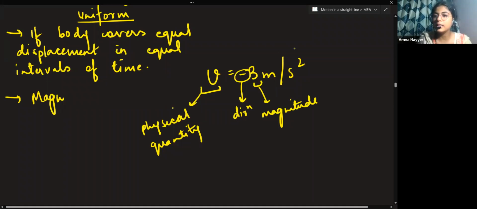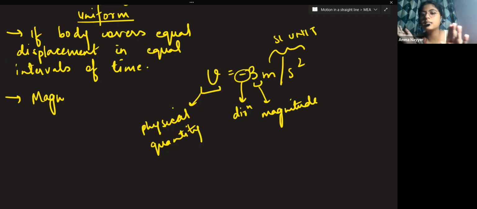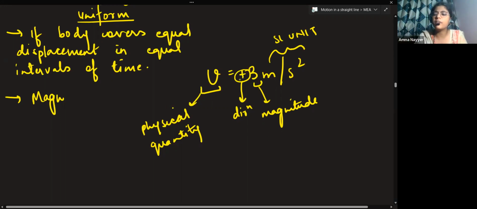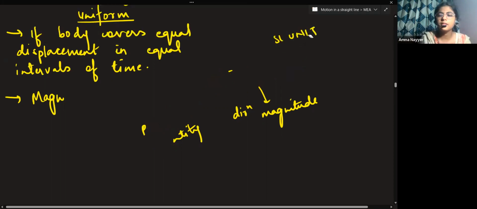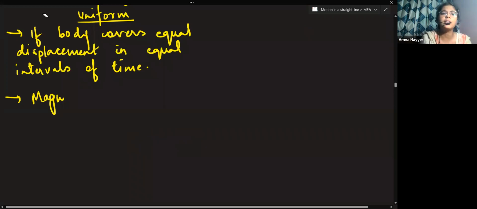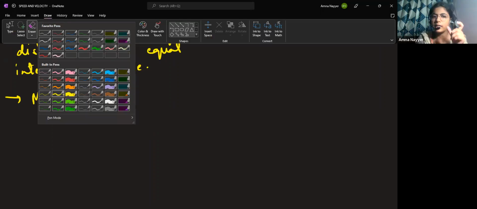And this meter per second squared is the SI unit. So whenever we write anything, be it acceleration, displacement or anything, every term has a significance. Had it been plus, it would also be specifying its direction. Whenever I'm using the term magnitude, it means we ignore the sign.